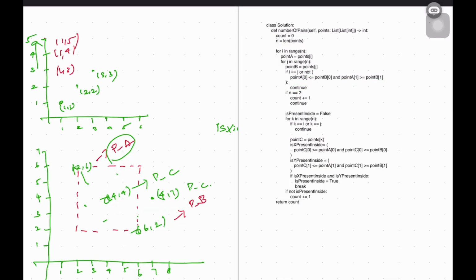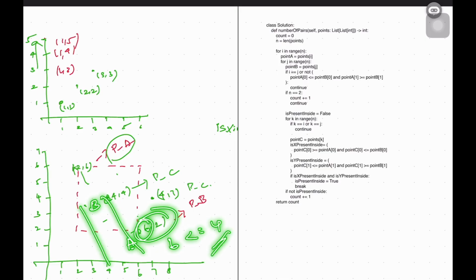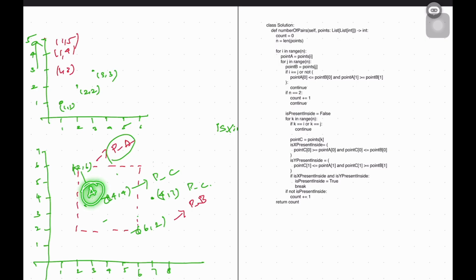Okay, the same way, when this comes as point A and this comes as point B, point A of 0, 6, is less than or equal to 4? No. So the A point should always be upper left, then only will it continue further.